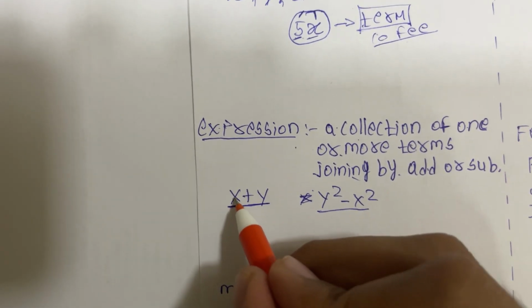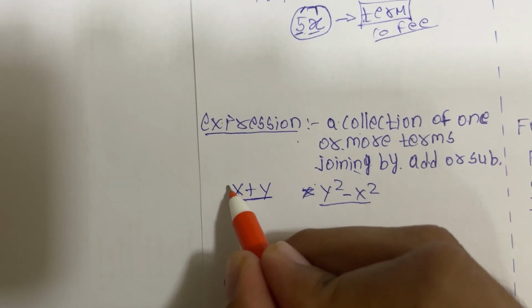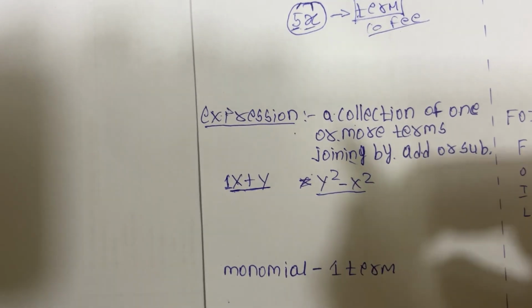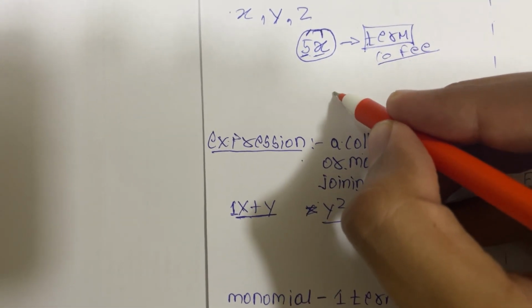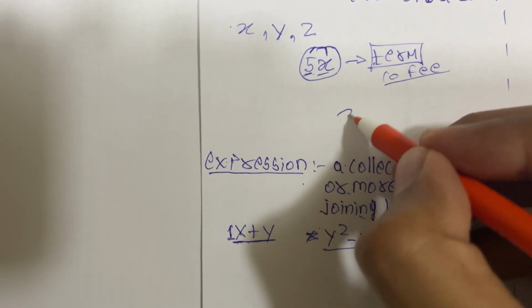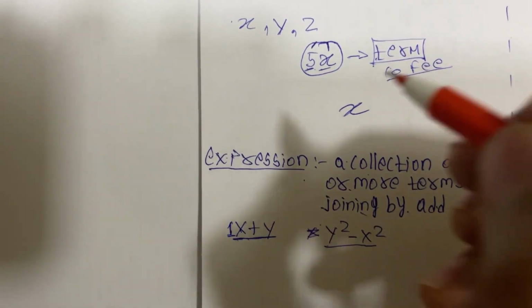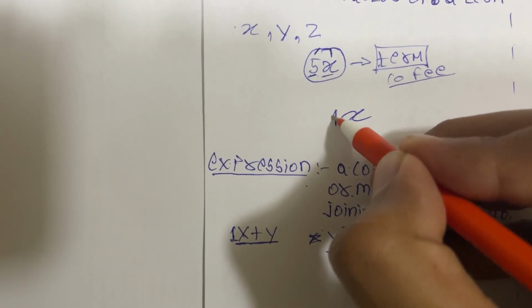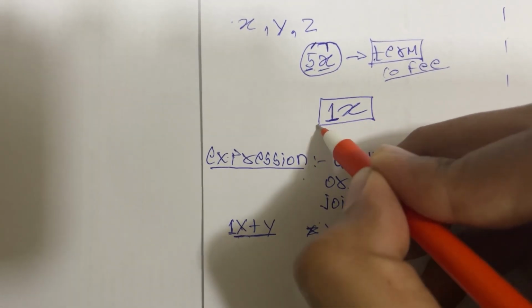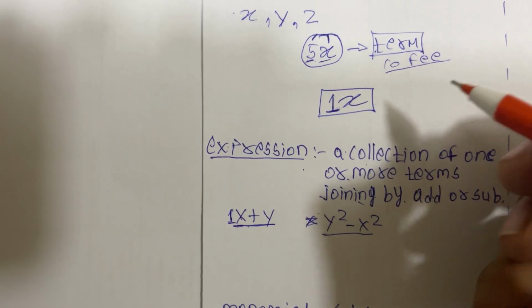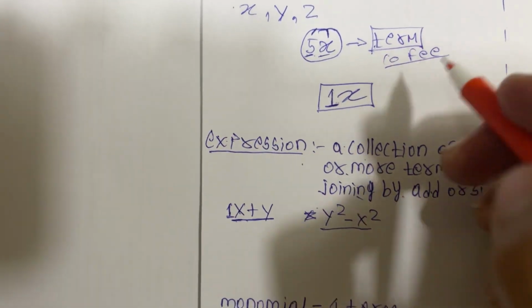So this is a variable with coefficient 1. One thing to remember, if only a variable is given and no coefficient is given, then we assume the coefficient as 1. Remember this in mind.